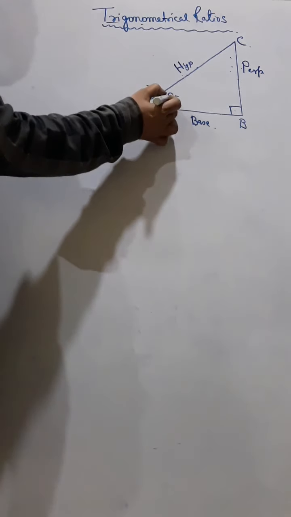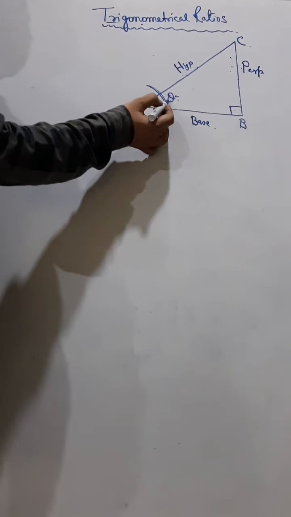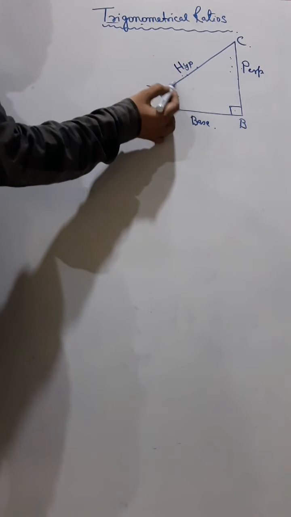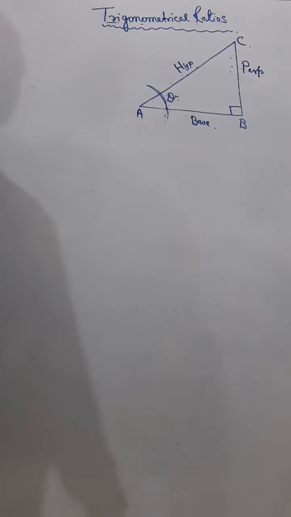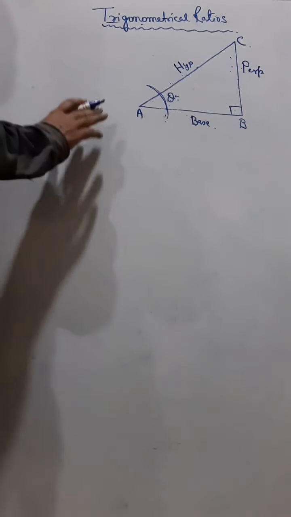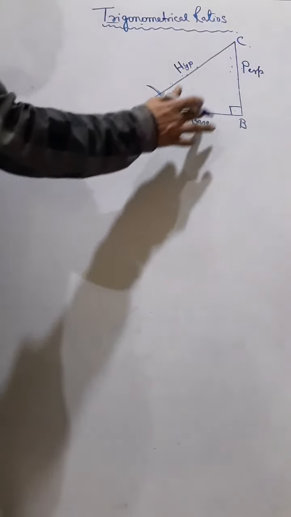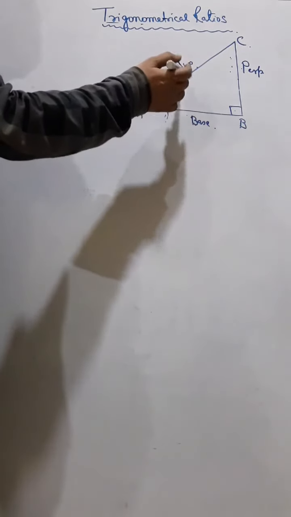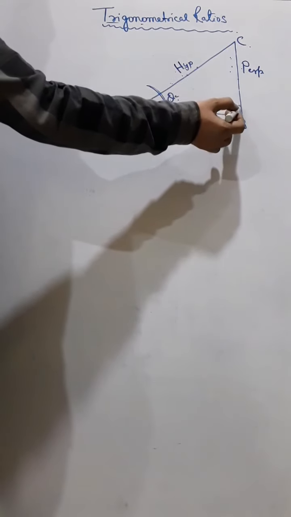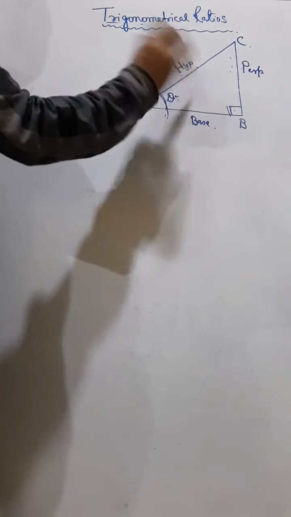So this reference angle theta, on this angle one side will be hypotenuse, that is sure, the other will be base. Understand? It is very important to understand which one is perpendicular and base, especially because hypotenuse is always the side opposite to 90 degree.